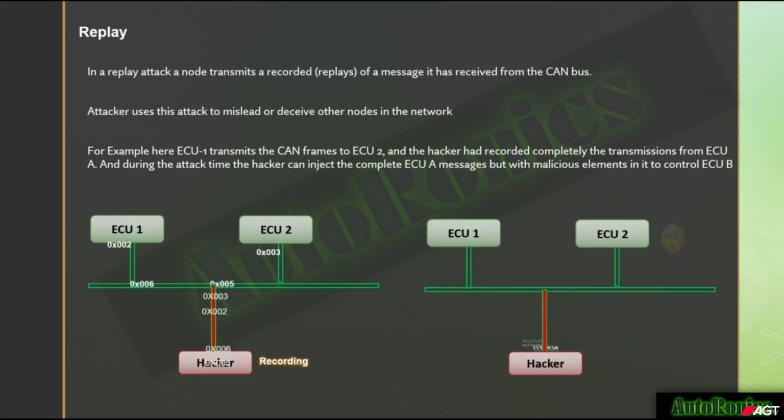Now when it comes to replay, directly the hacker can ingest these messages to ECU2. So basically he can either isolate ECU1 or he can also send them along with the genuine messages which are present from ECU1. In the end ECU2 will not be able to understand what is happening, or it may behave abruptly.